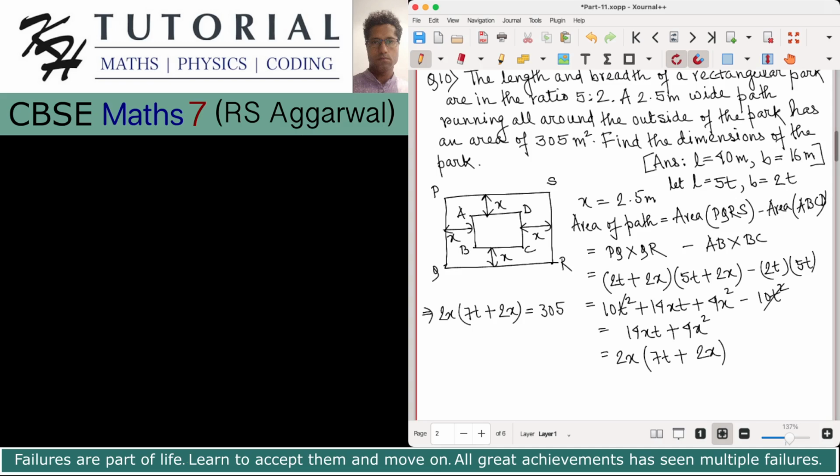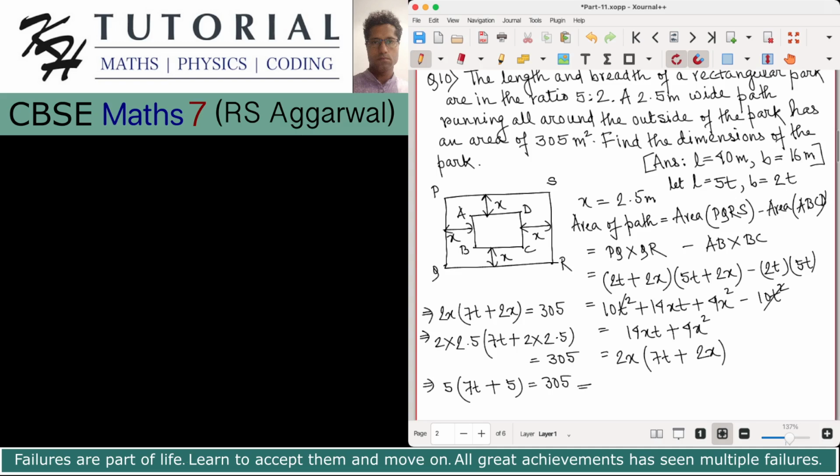So this must be equal to 305. Okay. So this implies 2 multiplied by the width of the path, 2.5 meter. So 2.5 multiplied by 7t plus 2 multiplied by 2.5 is equal to 305.